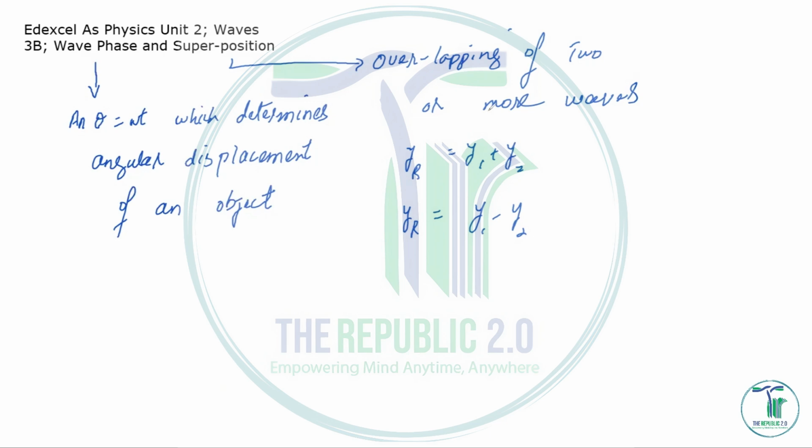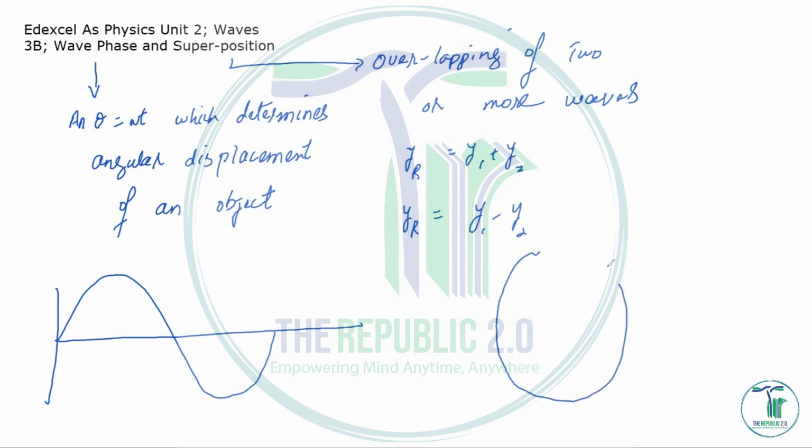Now, getting back to the wave phase, for example, you've got a wave like this. This motion of a wave can be copied in a circular path, something like this, where the body keeps on rotating in a circular path. So when an object is at point A in this wave, the object is also at point A in the circle.